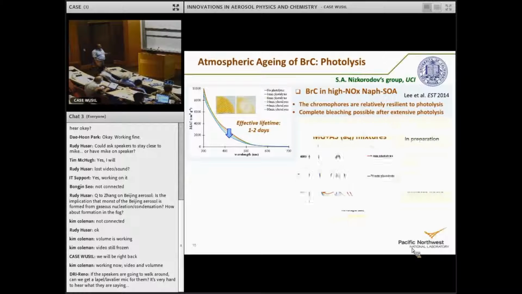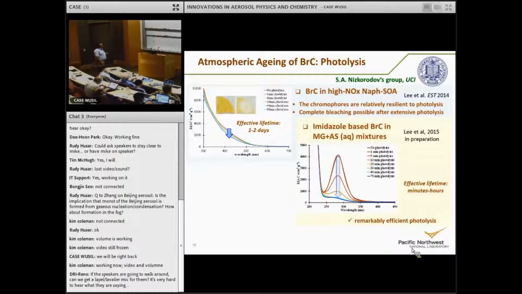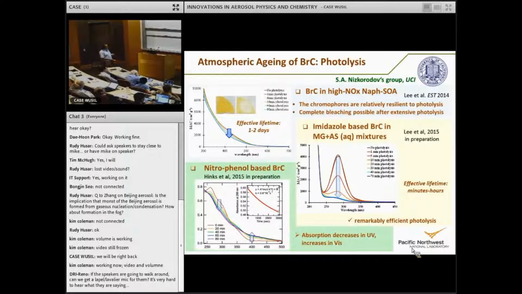The other type that I also just showed you is the methyl glycol and ammonium sulfate mixture. This is an unstable system. In fact, the color of this system can be bleached away within minutes to hours in the atmosphere. And there is an even more interesting system, of the nitrophenol-based specific chromophores. In this case, this is dinitrophenol, I believe.